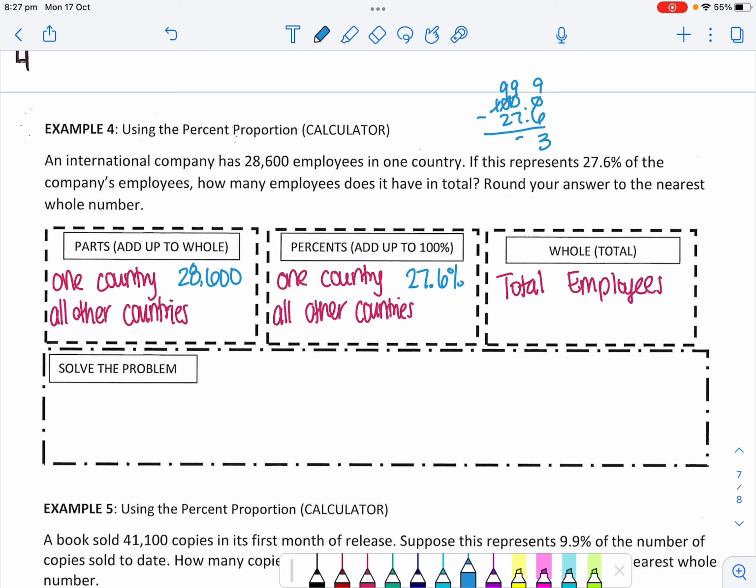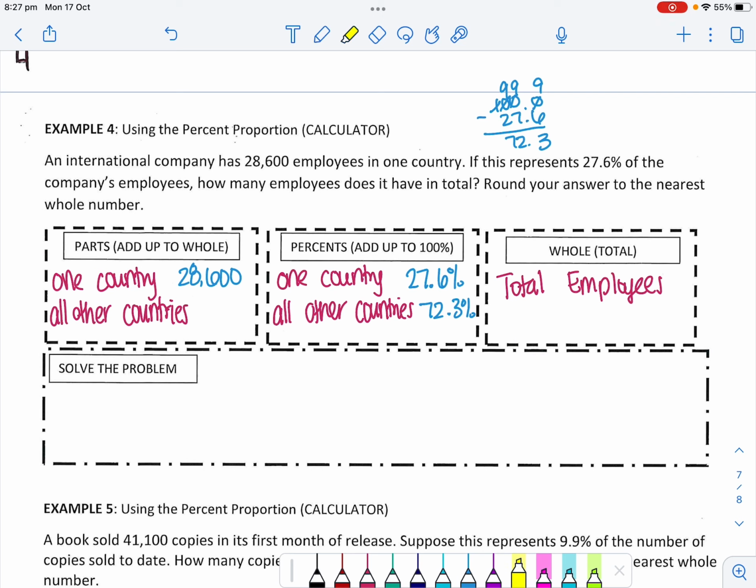So 72.4%, so 72.4% in all other countries. Again, I'm calculating that because I never know what I'm going to need, and I know that percents are out of 100. So that's information that I can automatically find.